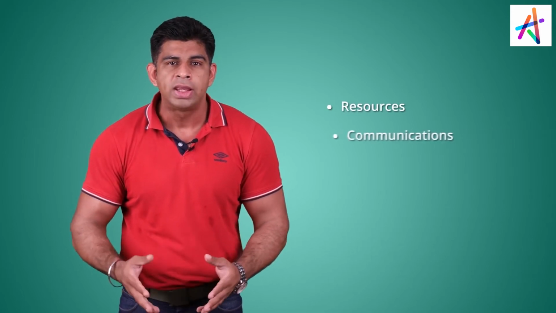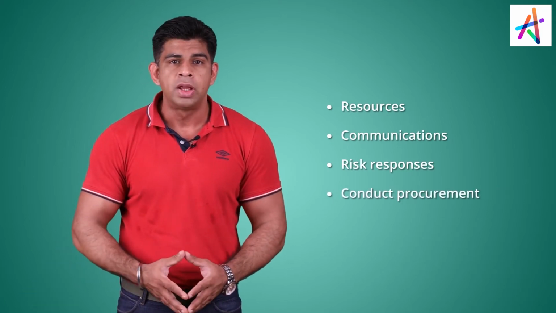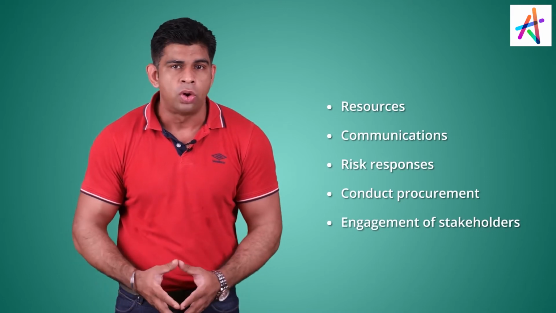You ensure that what you're producing is going to meet the customer's requirement and is done the way your organization wants it to be done. Then you manage your resources, your communications, the risk responses, conduct the procurement, manage the engagement of your stakeholders and so on, right? These are the processes that you have in executing.